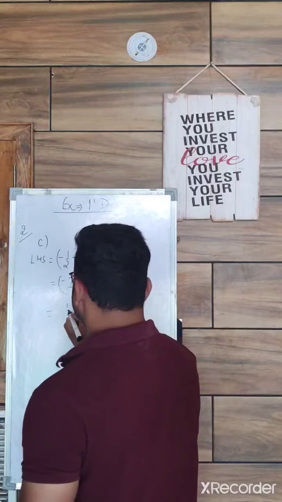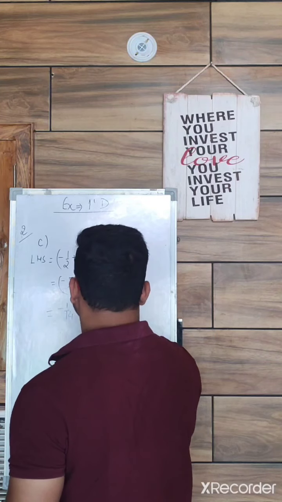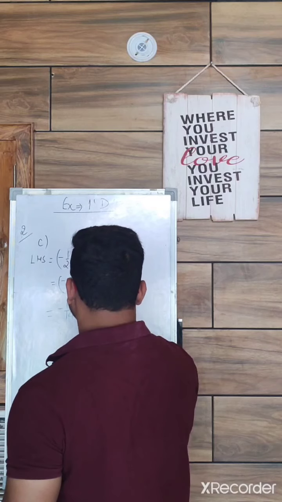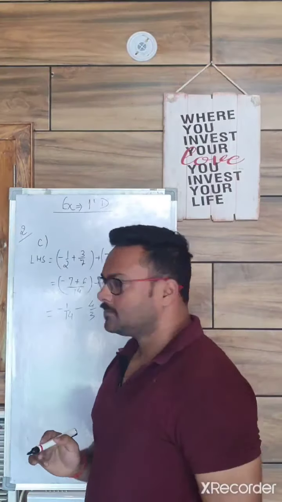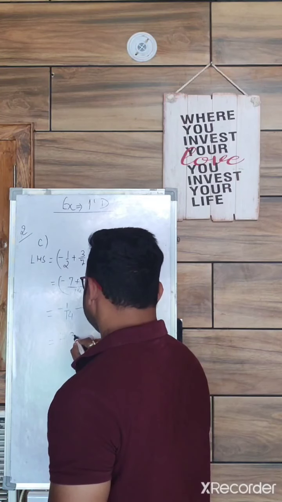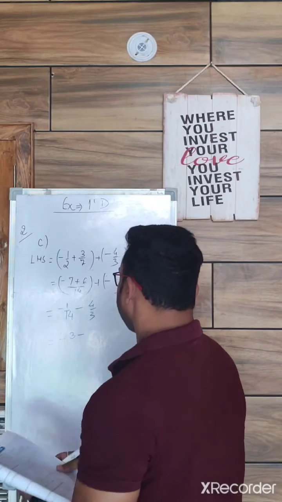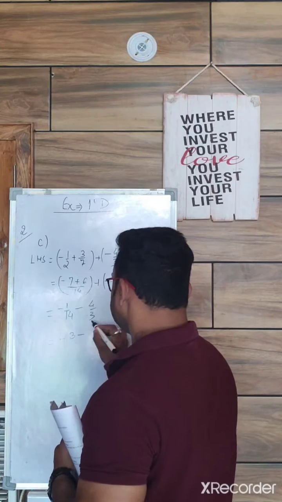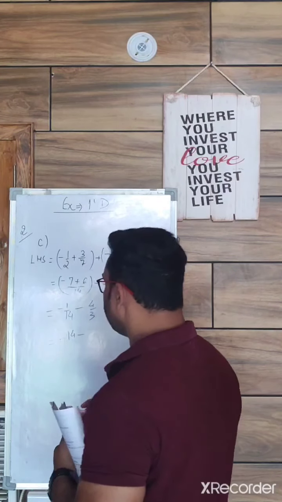So minus 1 by 14 minus 4 by 3, both are in minus. So 14 and 3, LCM will take, 42 will get. Minus 3 minus 14. I'm solving it directly.